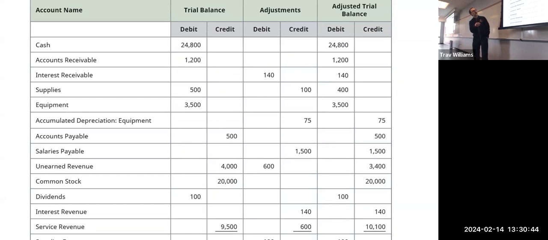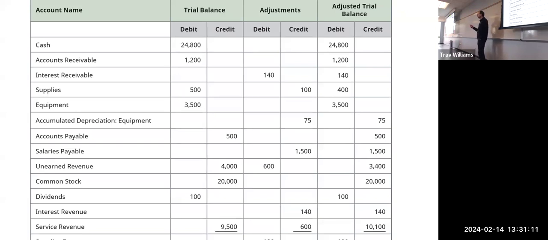Originally, there were $500 worth of supplies, right? That's an asset, so normally we'll have a debit balance. But then we reduced it by $100 because we made an adjustment. We saw we used some supplies. And so now we have $400 remaining, right? The $500 debit minus the $100 credit leaves us with a $400 debit balance for supplies.